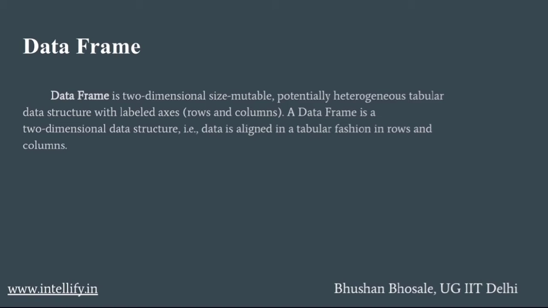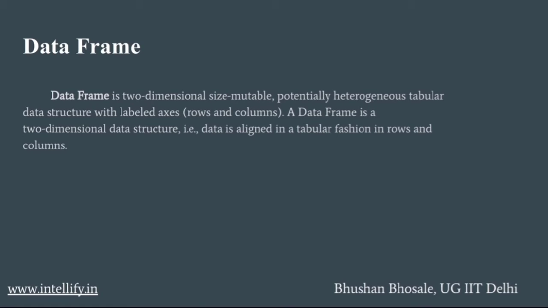Okay, now we will start with the definition of data frame. What actually is a data frame? A data frame is a two-dimensional, size-mutable, that is its size can change, potentially heterogeneous, that is various types of data can be stored in it like numeric, characters, etc., tabular data structure with labeled axes, which are rows and columns.